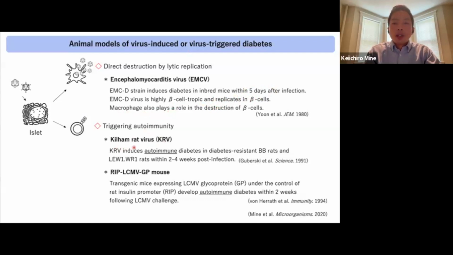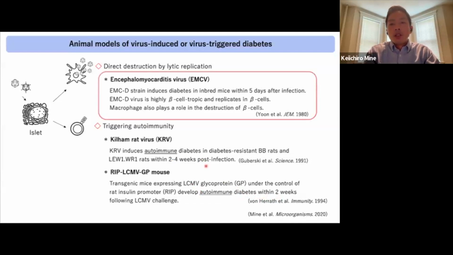Kilham rat virus and the rat insulin promoter-derived LCM virus glycoprotein transgenic mouse model develop diabetes within a few weeks after viral challenge by autoimmune mechanisms.